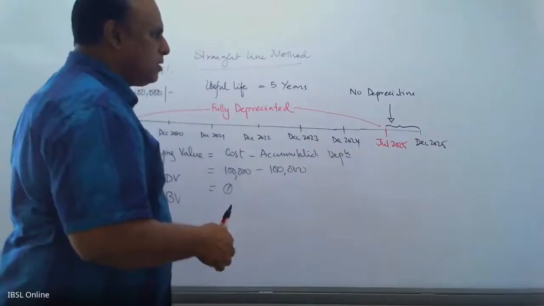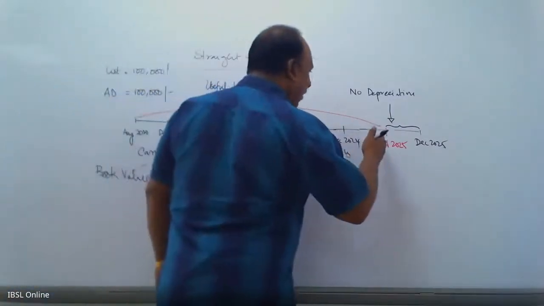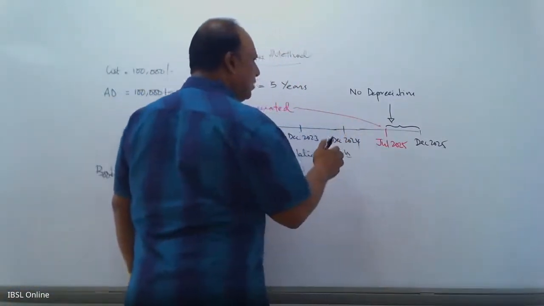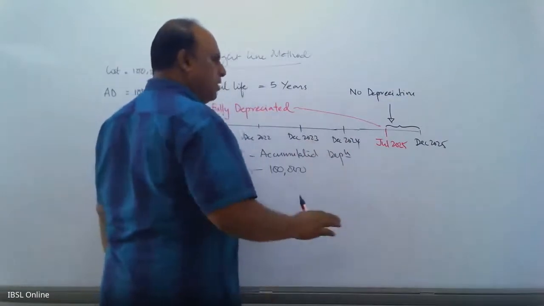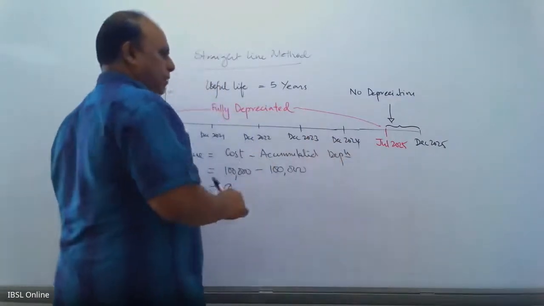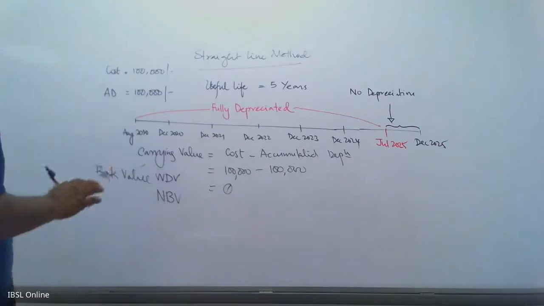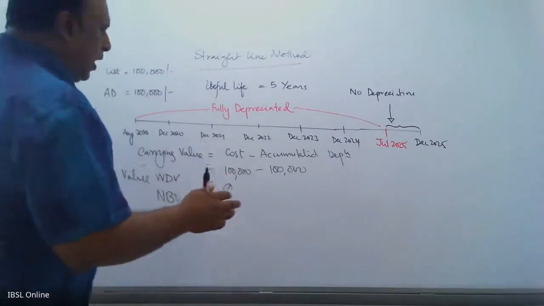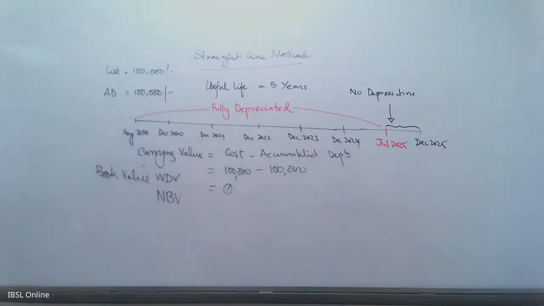Why does it happen? Because your wear and tear by using that asset was very minimal, which means you have been maintaining that asset very well. So if you buy a vehicle and don't do maintenance once in every 5,000 or maybe 10,000 kilometers, then the vehicle might give you problems.